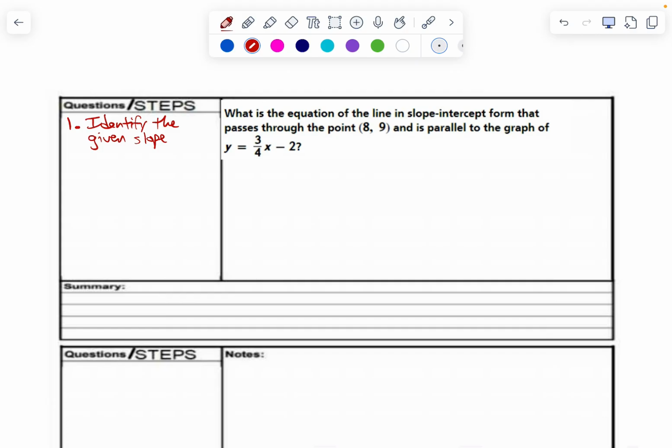Yep, so the given slope is 3/4. So if we're going to do parallel, what has to be the slope of our new line? It has to also be 3/4, right?